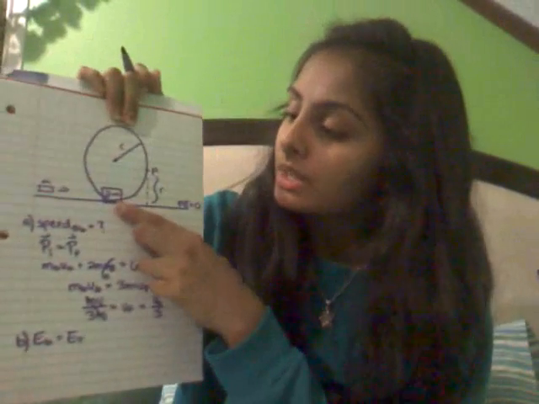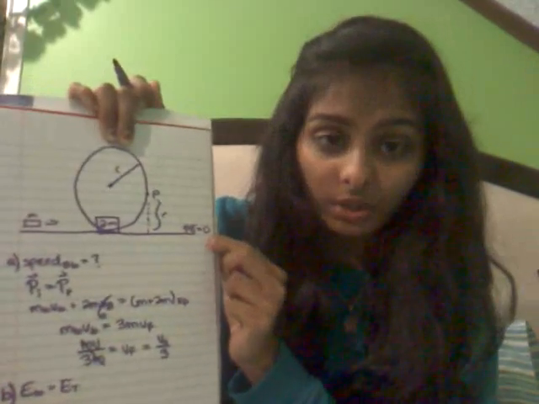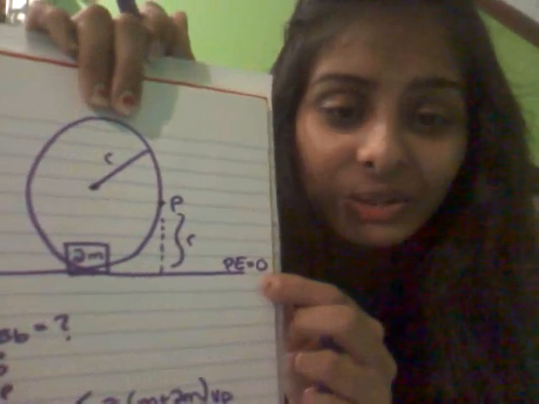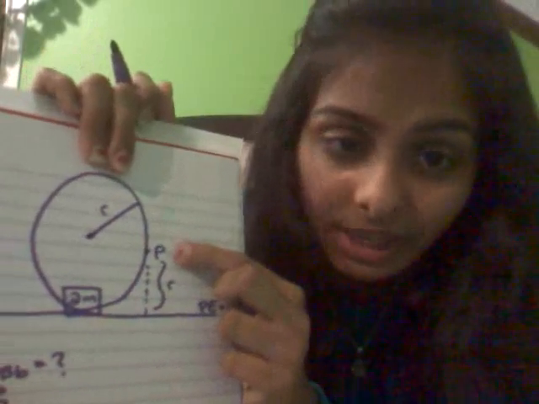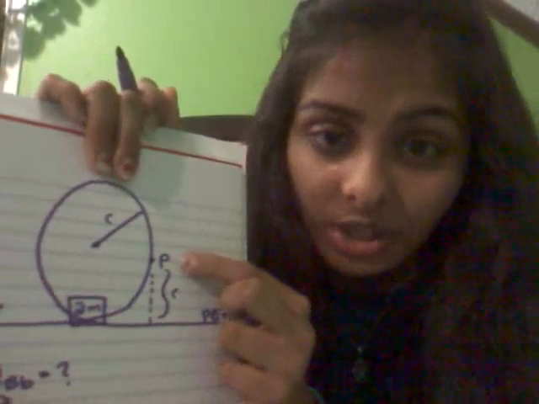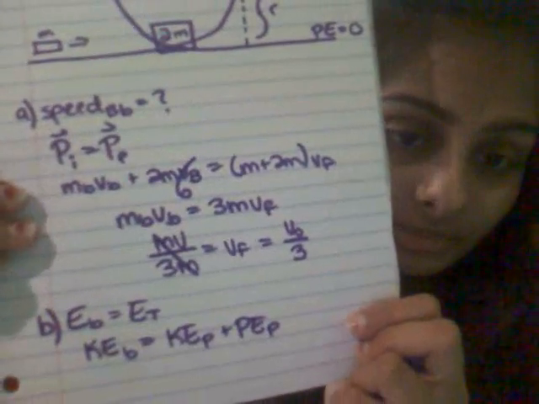Alright. At the bottom, since we zeroed out the potential energy, we're only going to have kinetic energy. But once we reach point P, we're going to have both kinetic energy and potential energy. So we write KE at the bottom is going to be equal to the kinetic energy at P plus the potential energy at P. Got it?